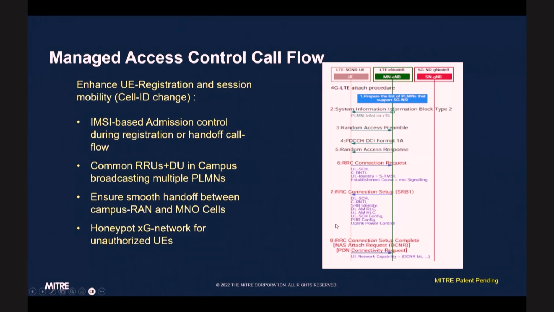We might need some kind of a proxy of the AMF, which would be required so that we can get the SUCI decoded by the MNO and return it back to the managed access node, and then we will be able to block access.